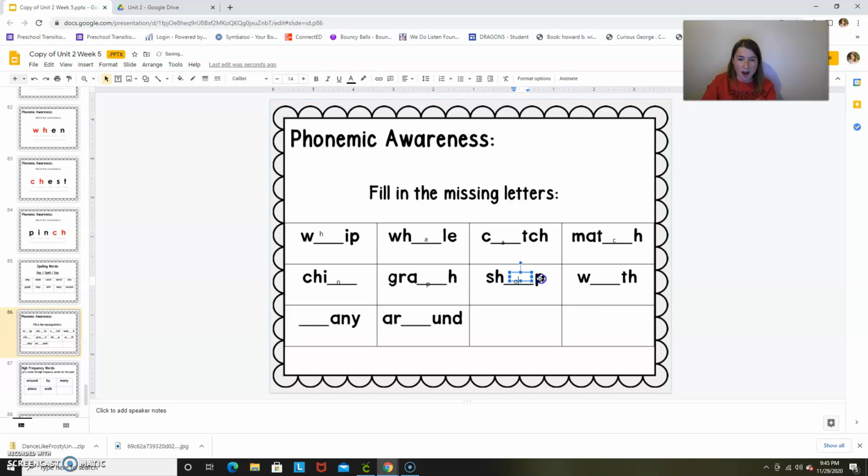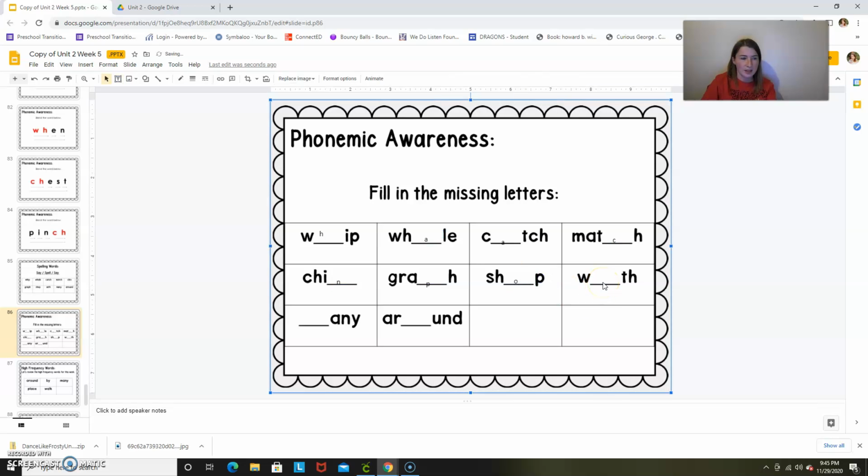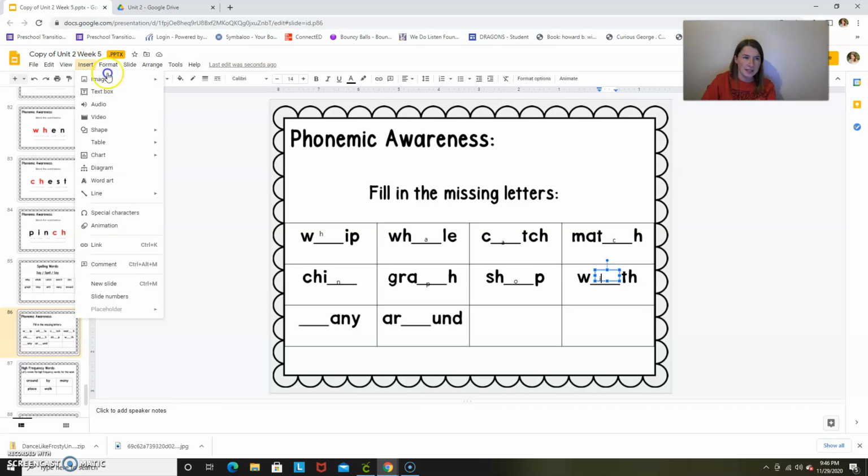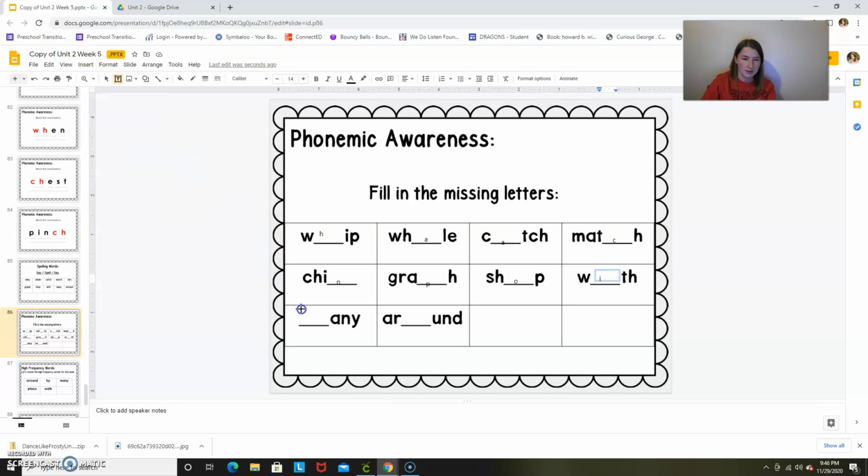You said O. You're correct. Now we have with. What's that vowel? You said I. You're correct. Okay, we have many. What's the beginning sound? You said M. You're correct.